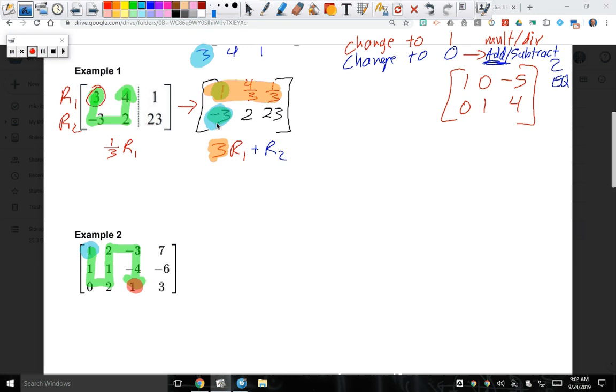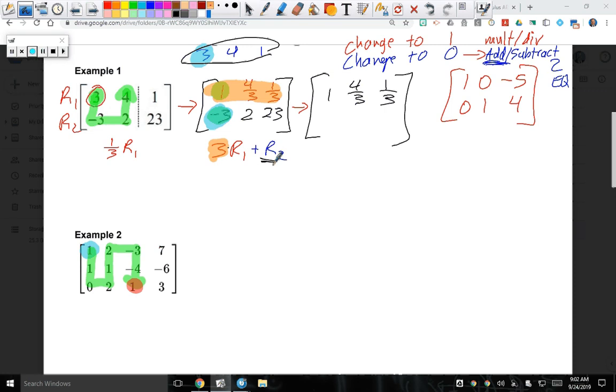Okay? So here we go. This just happened, and let's see what's changed. Well, the first line stayed the same. Even though I multiplied by 3, I didn't change it. I just used that little piece so that I could add it to row 2.